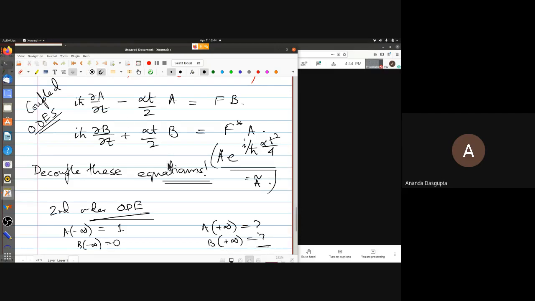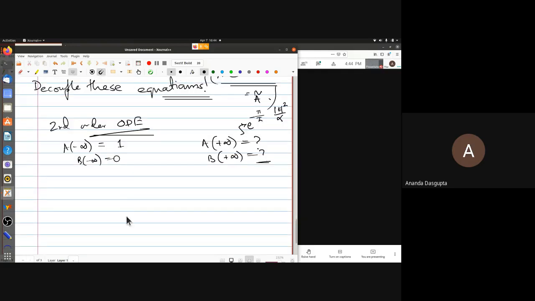If you ask yourself how much is A at plus infinity, the answer is this thing, which should be 0 according to the adiabatic theorem, but is actually e to the power minus, I've forgotten the exact factors, but most probably π/ħ times |f| squared over α. So it's something like this. So this is A at plus infinity.